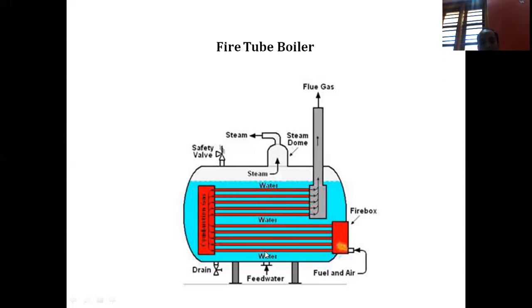As a result, when these hot gases give away their heat to the water surrounding these tubes, the water gets heated and goes to the formation of steam. In very simple words, if the hot gases are flowing inside the tubes, then we call those types of boilers fire tube boilers.